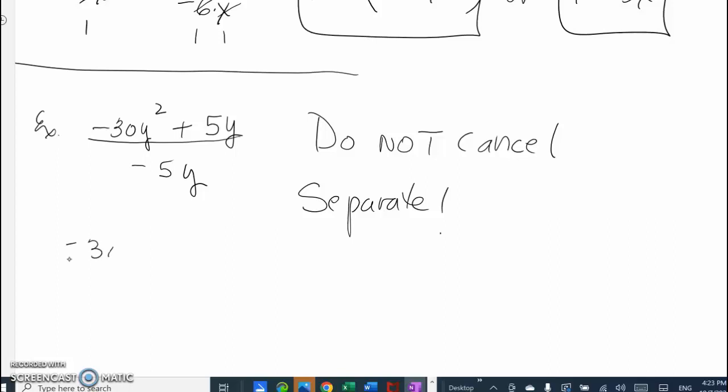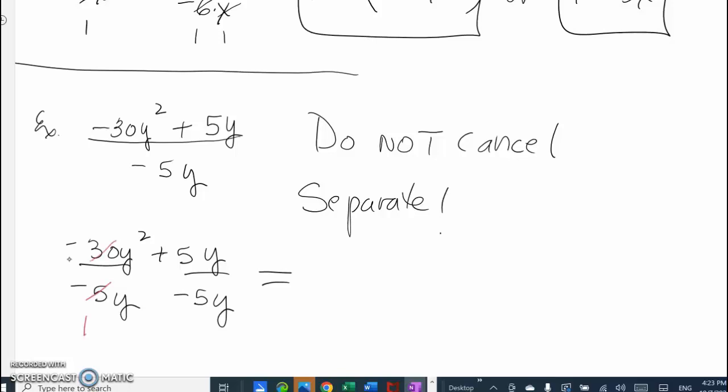So here we go. Negative 30y squared plus 5y, and then divide each by negative 5y, negative 5y. Okay, what does this produce? Well, negative 30 divided by negative 5. A negative divided by a negative is positive.